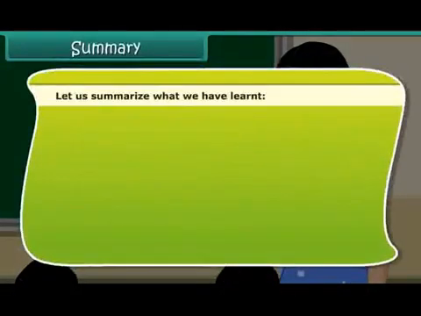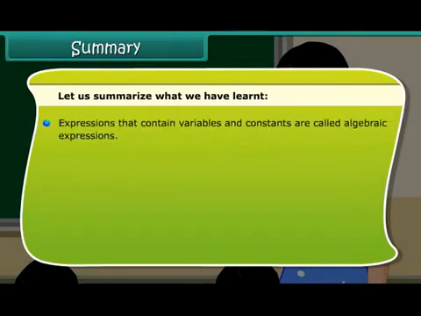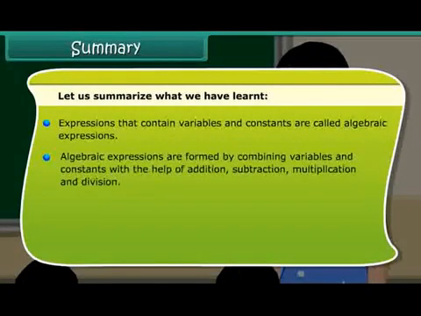Let us summarize what we have learned. Expressions that contain variables and constants are called algebraic expressions. Algebraic expressions are formed by combining variables and constants with the help of addition, subtraction, multiplication and division.